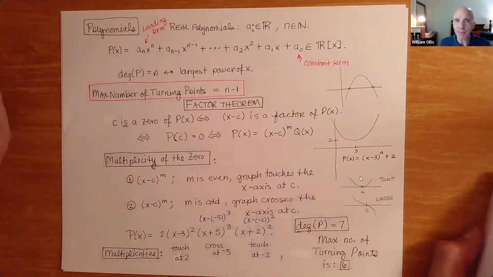So I hope that this has been illuminating. Just remember, polynomials in general are not simple. However, the basic constructs that we talked about today can make the analysis of polynomials very straightforward. And so get used to looking for the multiplicities, get used to thinking about end behavior with the dominant term.